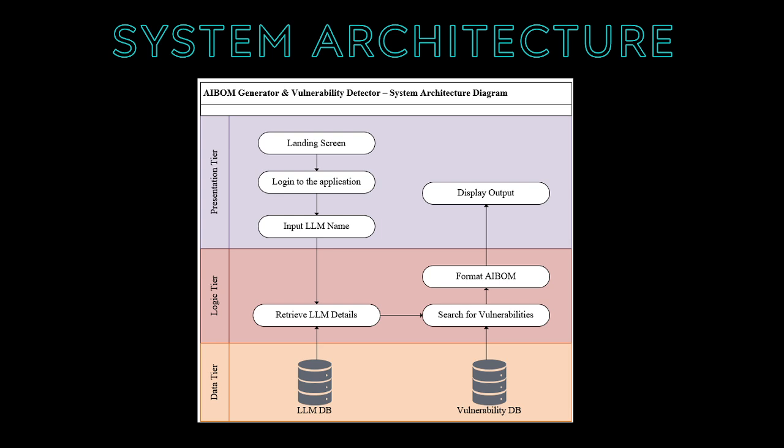Therefore, that was incorporated. Then the user is given the opportunity to input the large language model for which they need to retrieve the AI bill of materials and identify vulnerabilities. The details of the LLM are extracted from a local database, the vulnerabilities are then searched from the National Vulnerability Database, and it's formatted according to the defined structure and the output presented to the user.